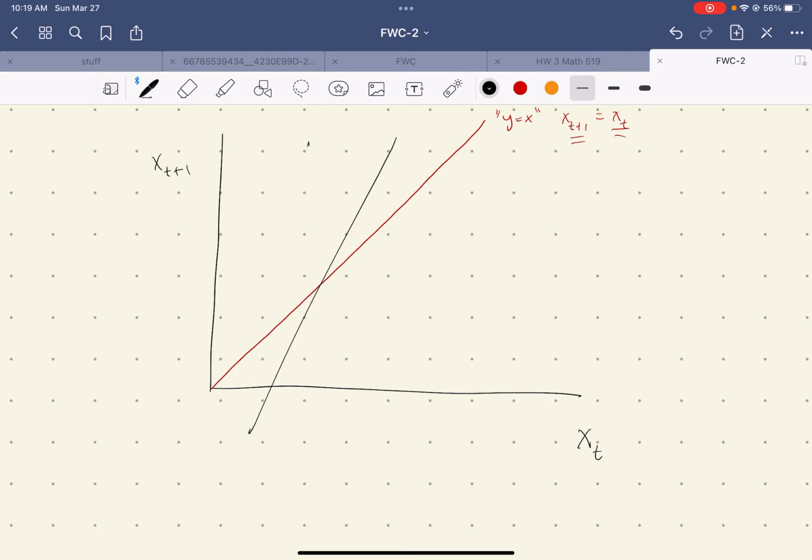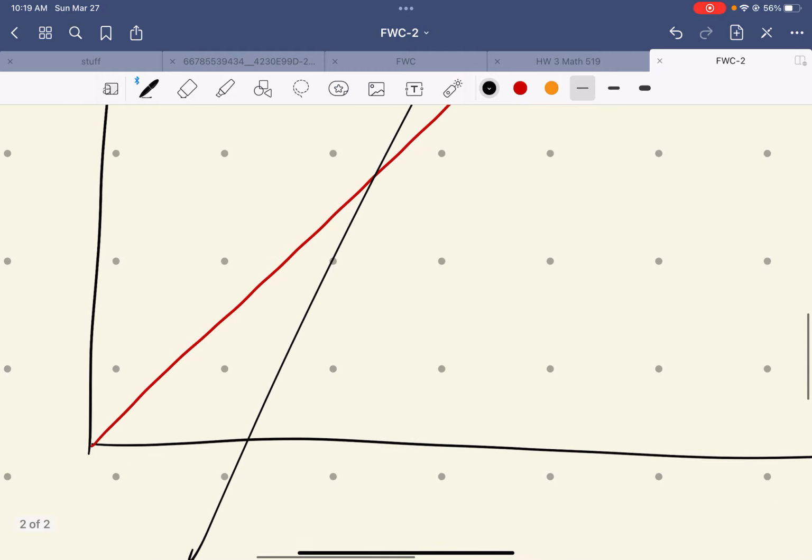Boom. All right. And now, if I were to cobweb, I begin somewhere, x0, I go up, and I hit my updating function. And once I hit it, the y-coordinate tells me my next iteration, so in this case, x1. But I want my y-coordinate to become my x-coordinate, and that's why we travel over to the line y equals x, because now my y-coordinate becomes my x-coordinate, and so this point would be x1, x1, because my y-coordinate here becomes my x-coordinate, but also it's the same as my y.